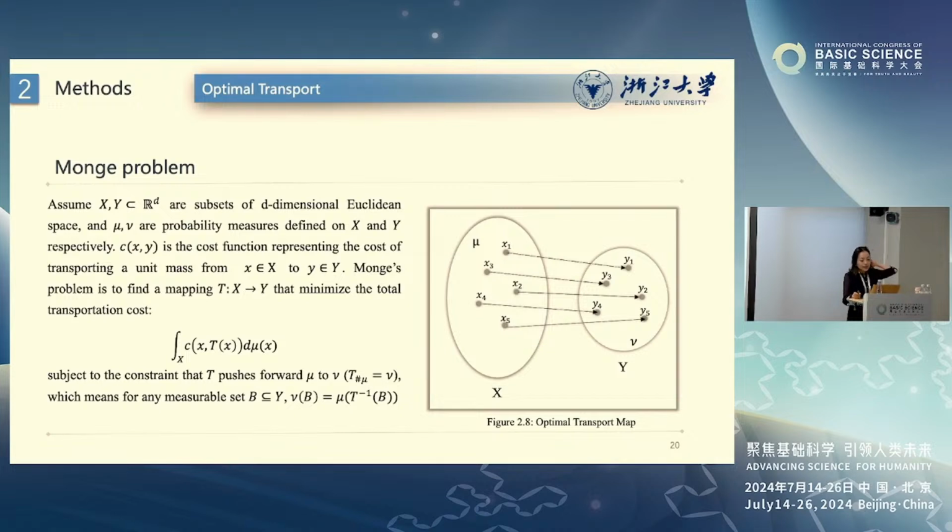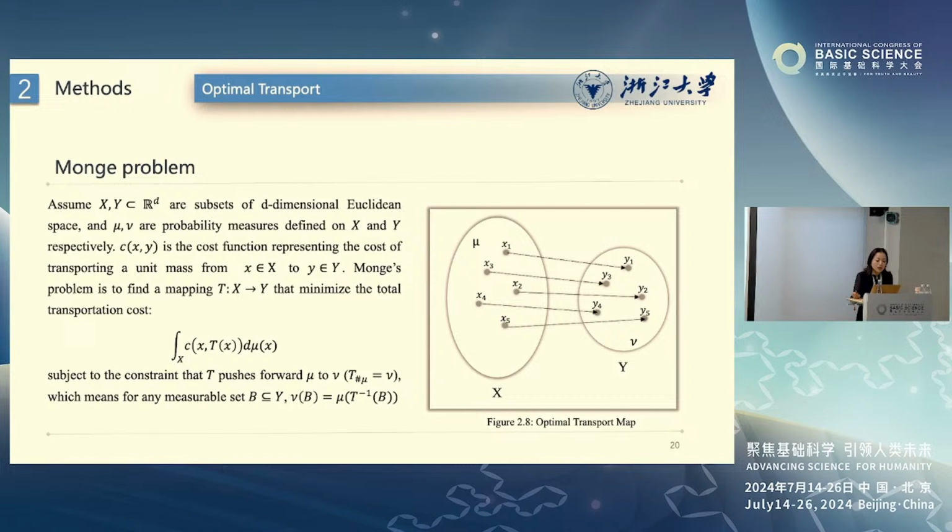So now let's introduce how to this optimal match. Define a subset of d-dimensional. You can x and y, and say is the cost of transporting from x to y.